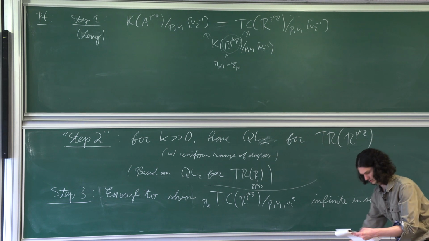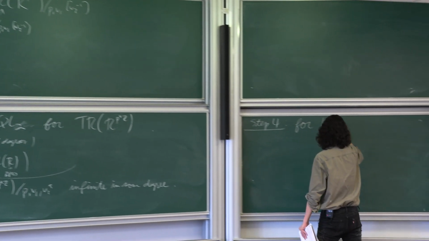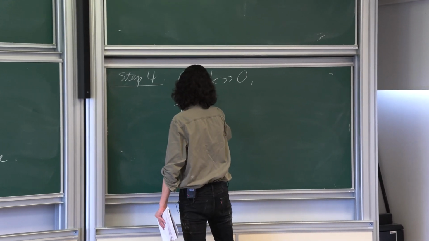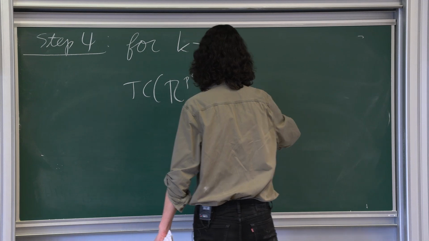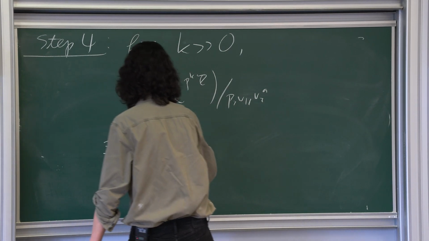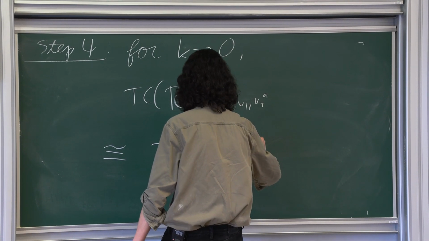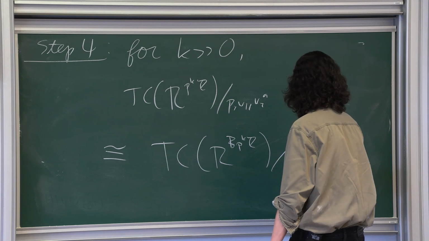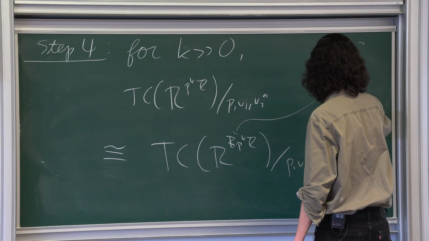And then step 4. So for k sufficiently large, this TC of R p to the kz mod p v1 v2 to the a is actually isomorphic to TC of R. I'm going to write it like this, b p to the kz. Apologies for the strange notation. So this means fixed points for the trivial action.